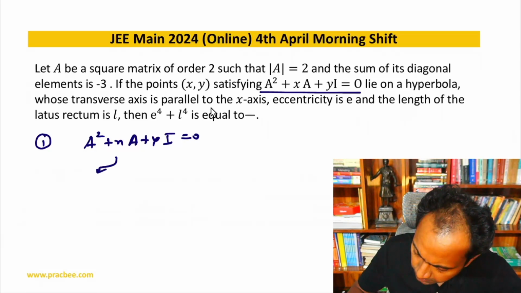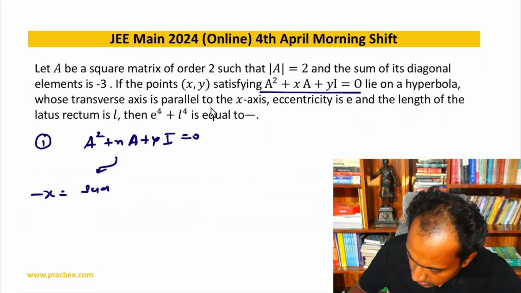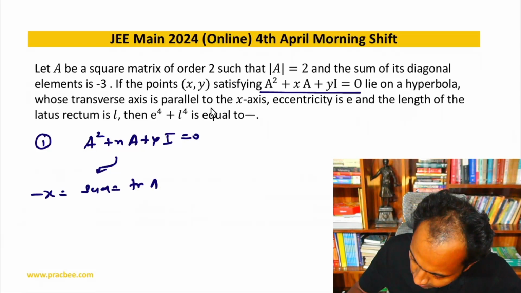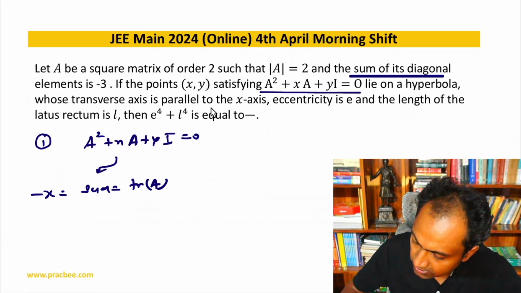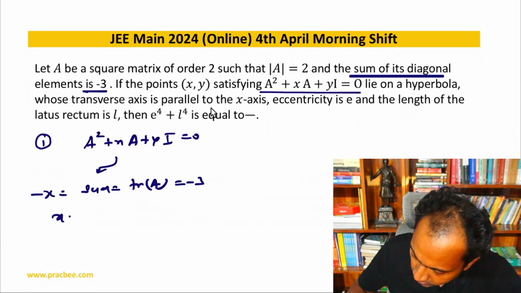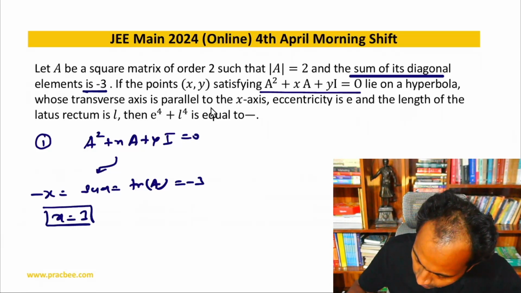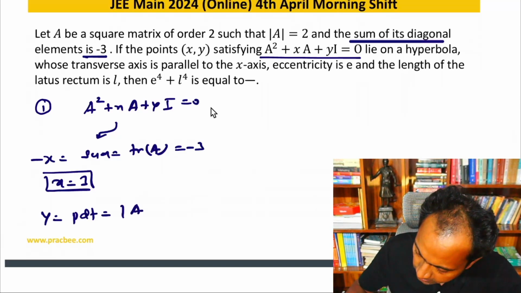Now we know that here minus x will be nothing but the sum of roots, and that will be equal to the trace of A, the sum of its diagonal elements, which is given as minus 3. So correspondingly, x will become 3. Also, y will be nothing but the product of the roots, and that will determine the value of the determinant of A, which is given as 2. So y comes out to be 2.